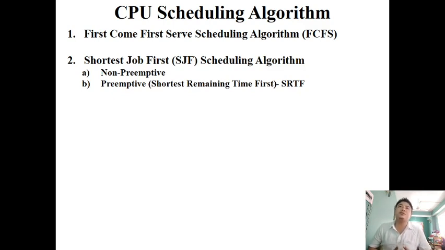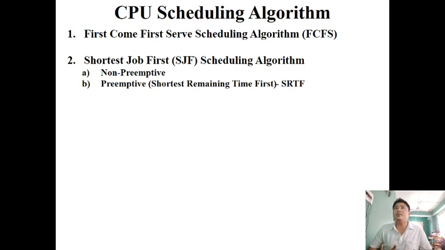That's why it is called a preemptive scheduling algorithm. Preemptive shortest job first is also known as shortest remaining time first. We have already discussed many examples on it in our previous session.